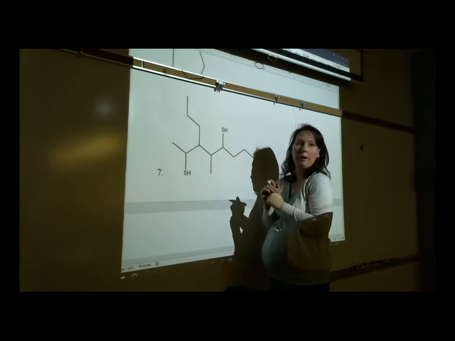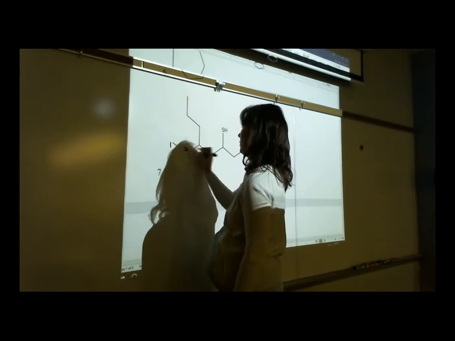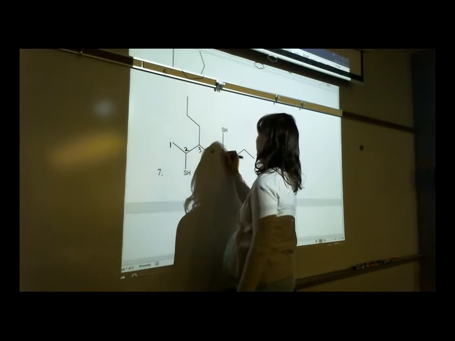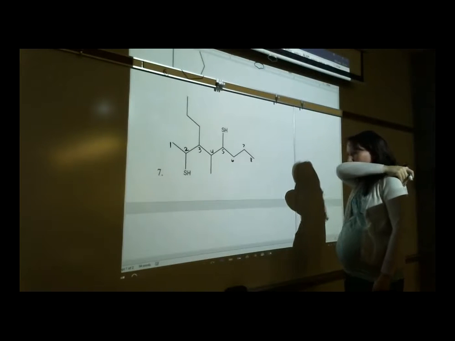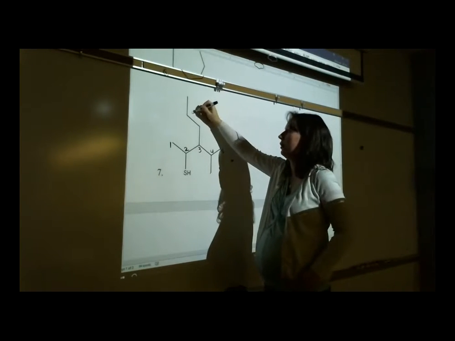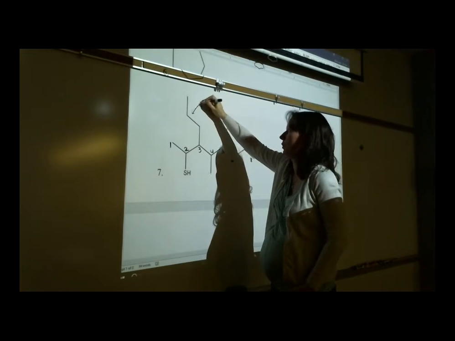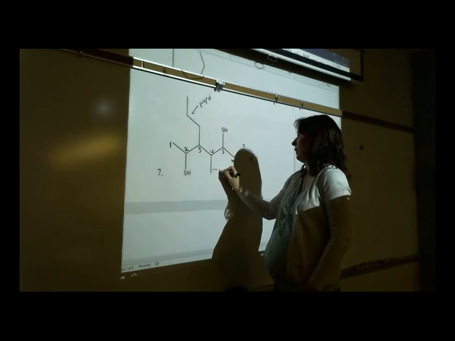So we would number from the left: 1, 2, 3, 4, 5, 6, 7, 8. So this is a what group? That's a propyl. And this is a methyl.